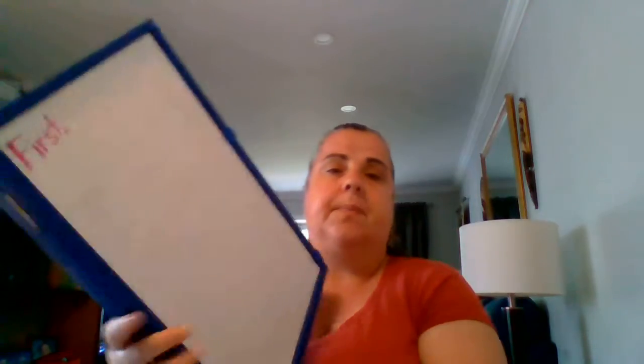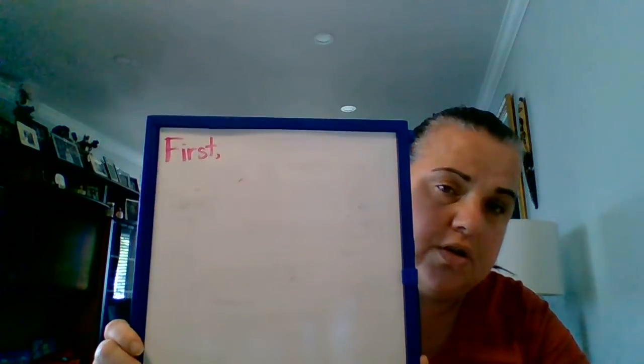Okay, so I'm going to put my first starter, which is the word first. So first, what do I do when I'm going to make a snowman? Do I make his head first? Do I decorate him first? What do I do first? All right, I hope you're all telling me that you make the big ball on the bottom first.